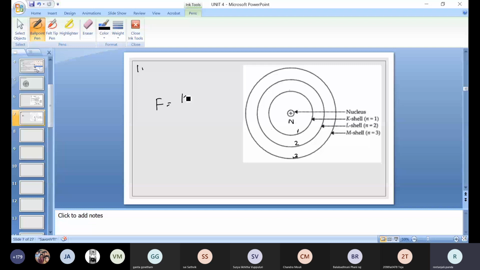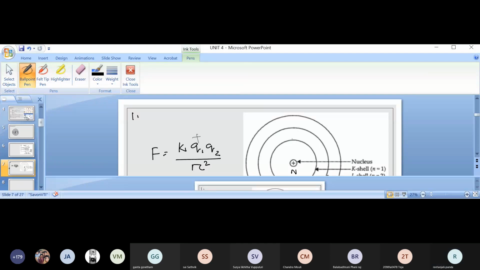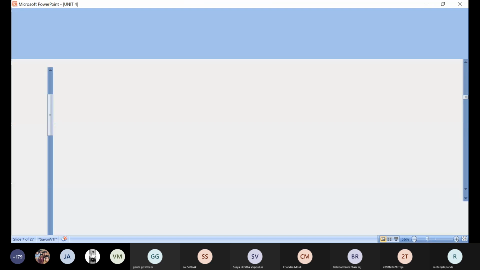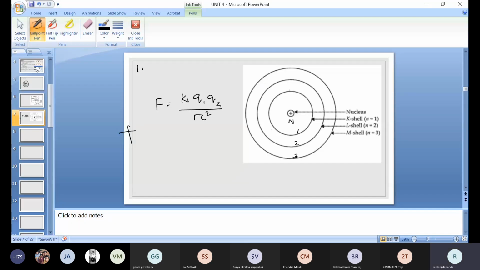Q1 is the value of the charge of the positive proton, Q2 is the value of the charge of the negative electron, and R is the distance between the nucleus and the electron present in the shell.